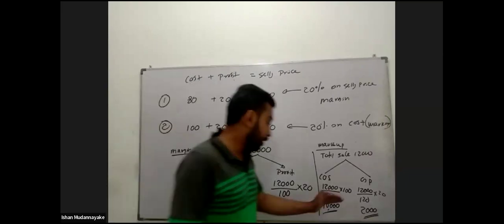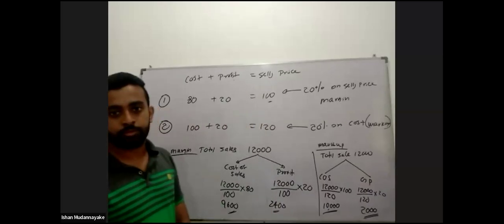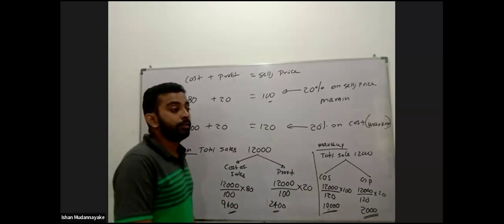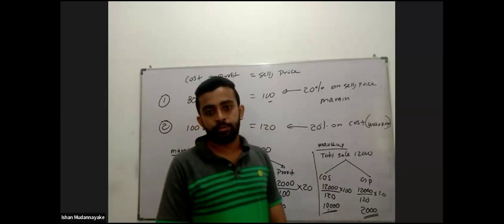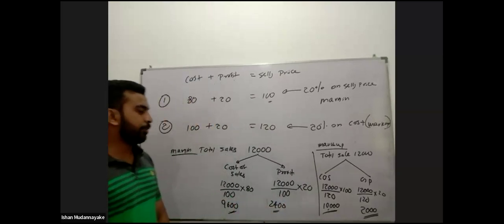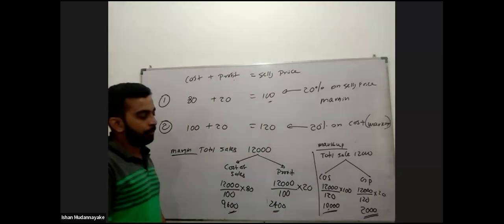If they use markup, gross profit is 2,000. Always divide the given amount by the equal amount, and then multiply by the required amount.